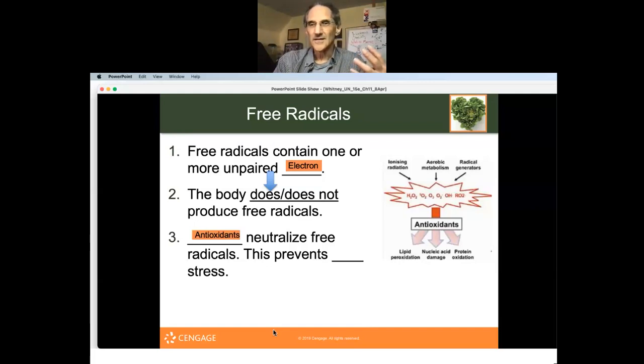Oxidation is producing other species by grabbing an electron and leaving them reactive or disabled in their function. And so antioxidants neutralize these free radicals, and they prevent oxidative stress. Some very important vocabulary we see in this slide.